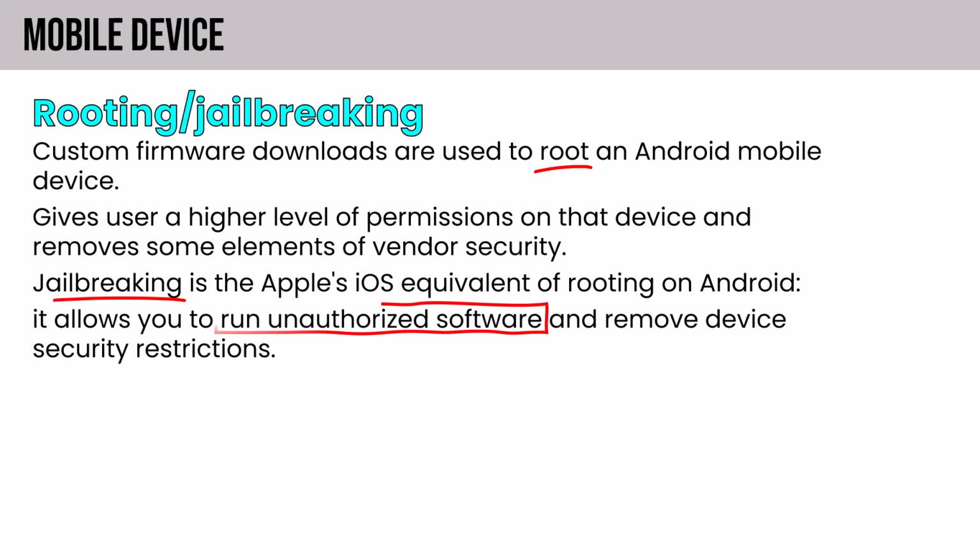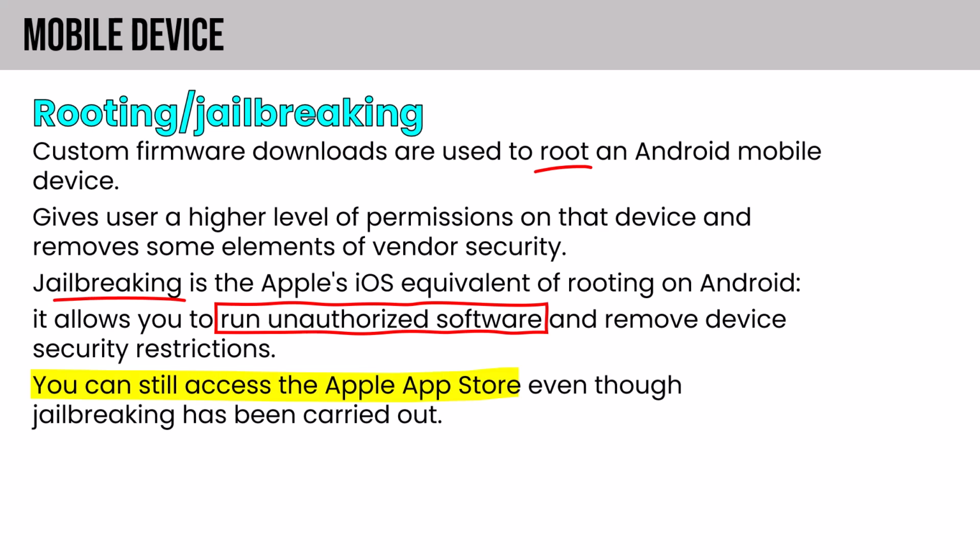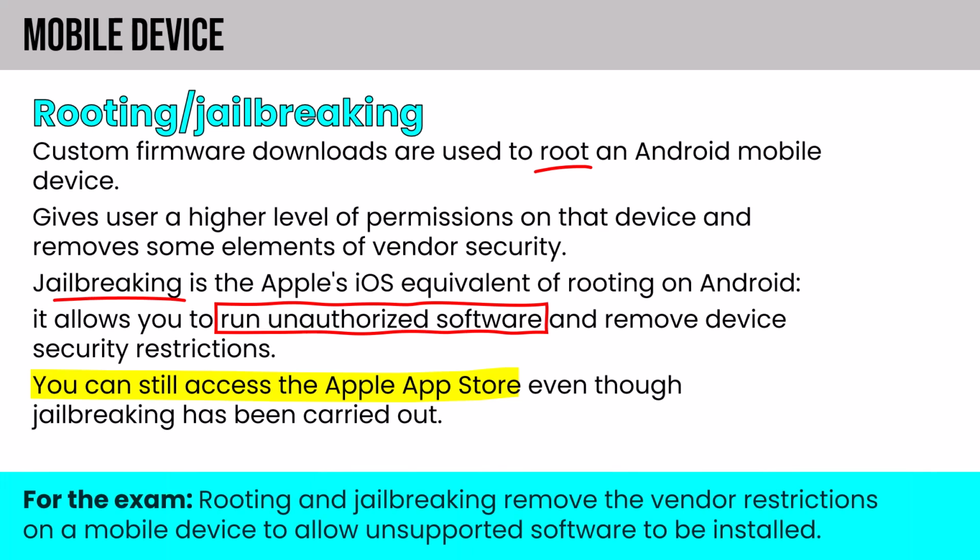It allows you to basically run unauthorized software and to remove device security restrictions. Now, you can even still access the Apple App Store, even though jailbreaking has been carried out. For the exam, remember that rooting and jailbreaking remove the vendor restrictions on a mobile device to allow unsupported, potentially malicious software to be installed.